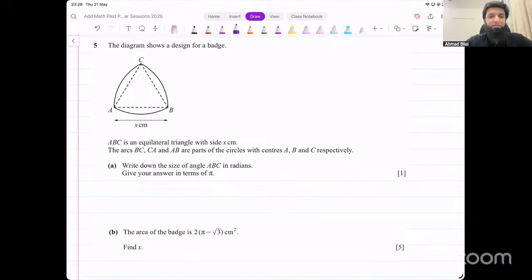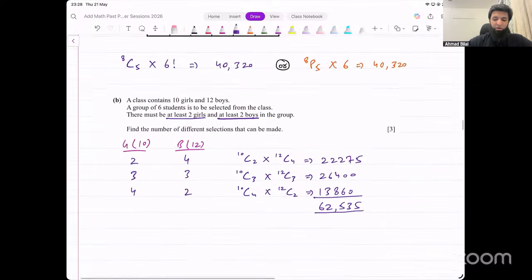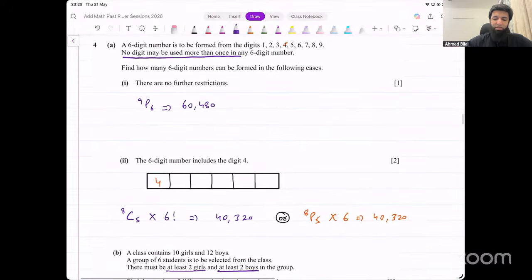For combinations, in general, you will see keywords like selection, select some objects, choose some objects, make a group of people, make a team of people. So one of these different keywords. But remember the general rule. When the order of objects matters, in that case, it's permutation. When the order is not relevant, in that case, it's combinations.